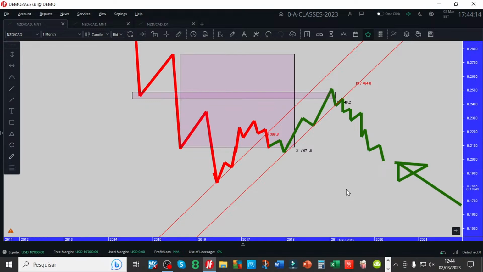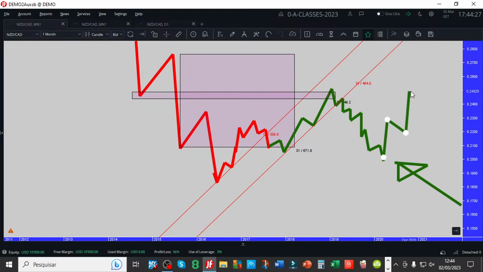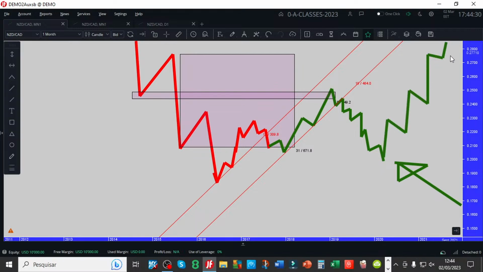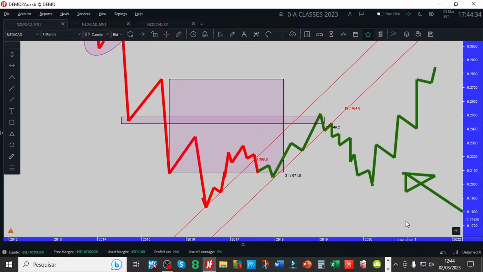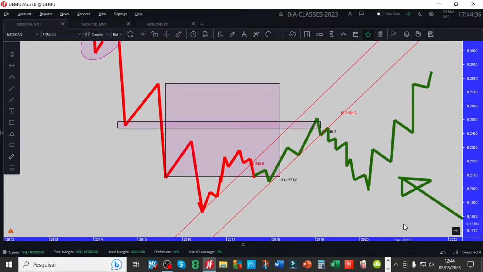Broto, long? Why are you going to go long on the market making lower lows, lower highs, Broto? Short, short, short, exactly. And when you short, the market's going to do this. Who knows what is happening right now?